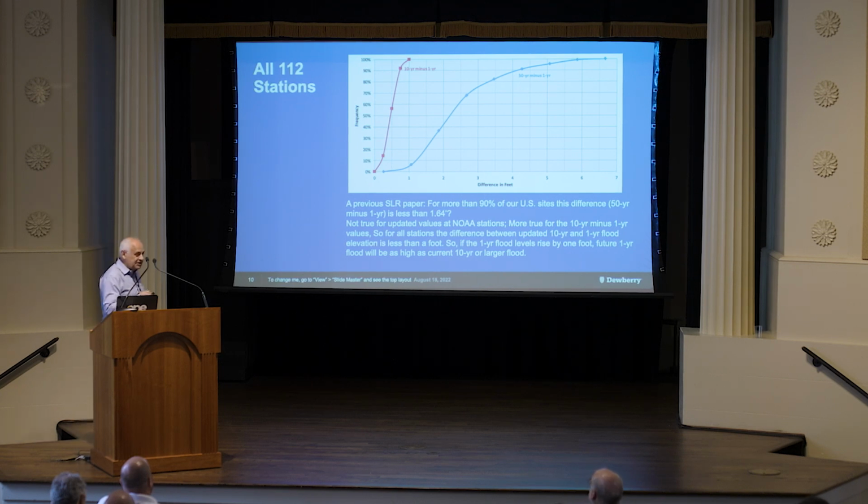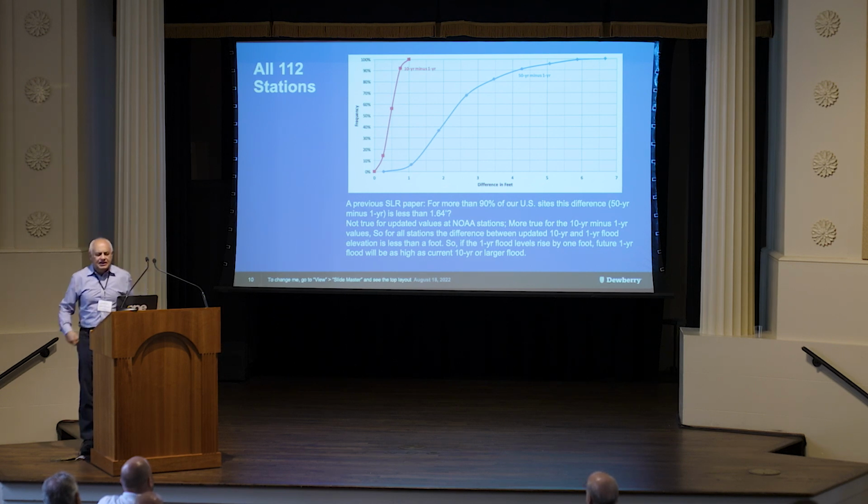Our results, at least for these 112 stations, don't really confirm that, because the distribution of the difference goes from very small value to no more than 6.6 or 6.7 feet.